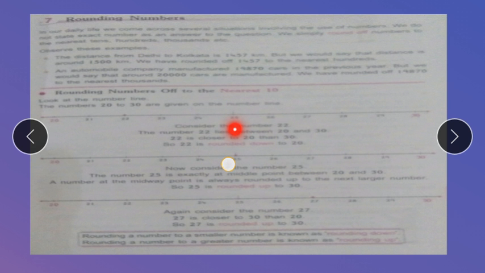So when we round off numbers which are below 25, like 24, 23, 22, 21, we round it down. Remember the word, that is rounding down. So we come back, we write 20 only.